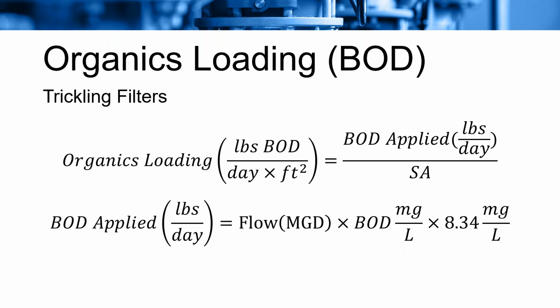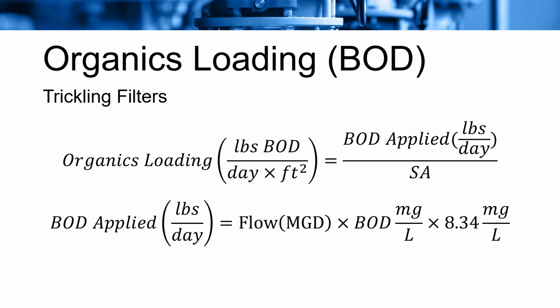So now I'm going to talk about some other loading, BOD loading, which is our biochemical oxygen demand. And we will talk more in depth about BOD a little bit later in this presentation. So there's a variety of equations for organics loading. And the first one is going to be for trickling filters.